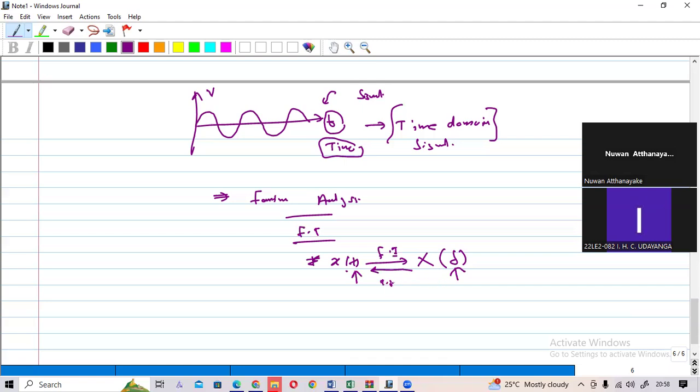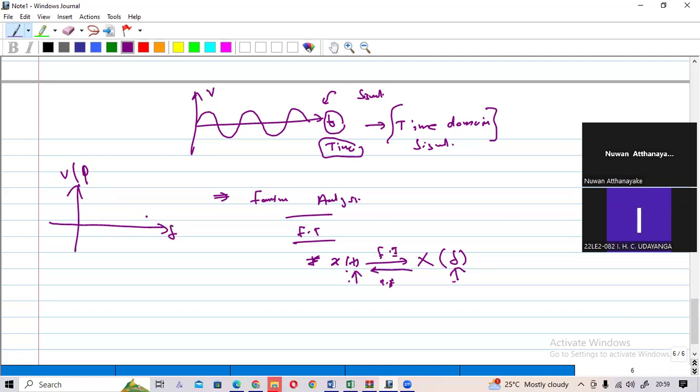Here the frequency domain signal is converted again to time. In the frequency domain, we plot the voltage or power with respect to frequency.